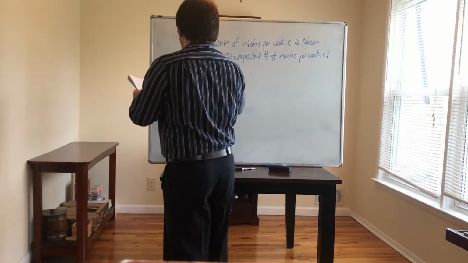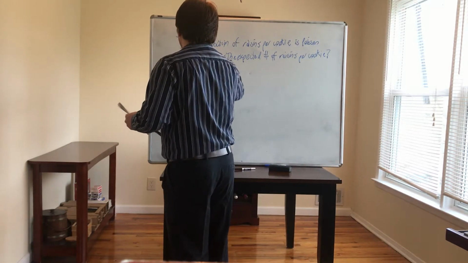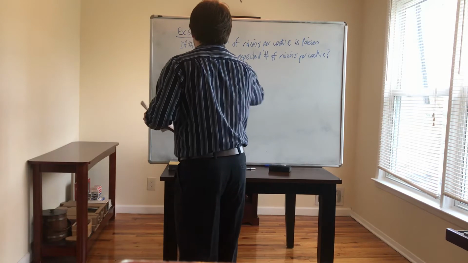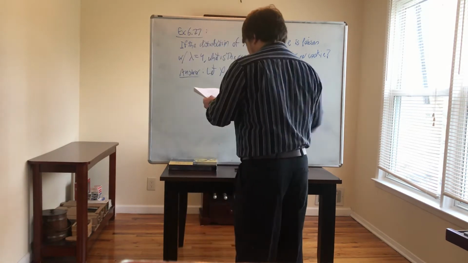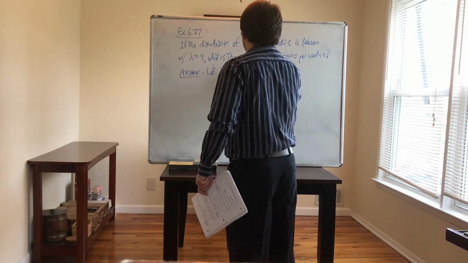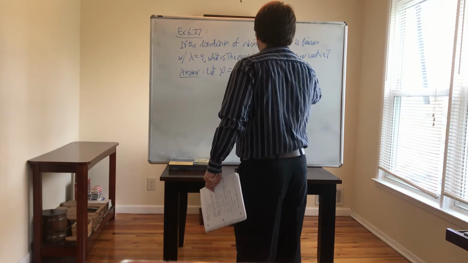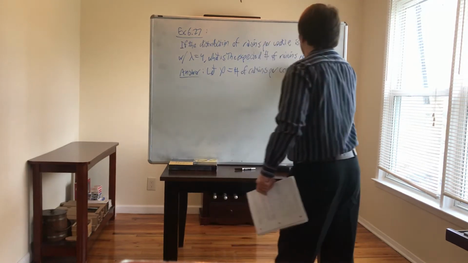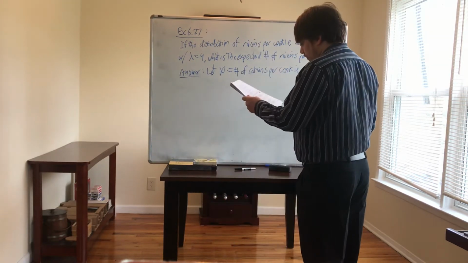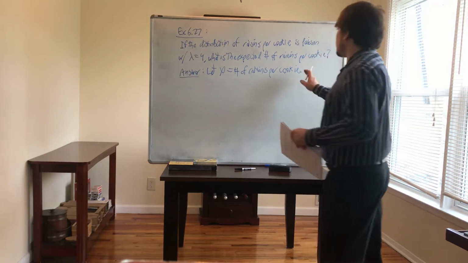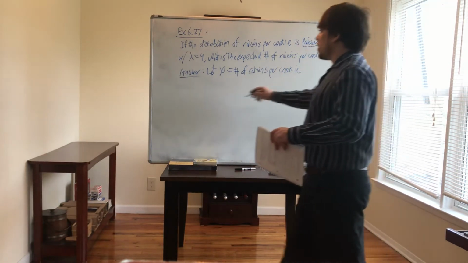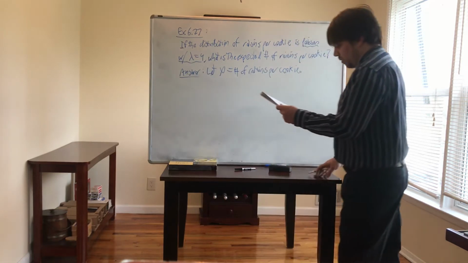And so here we're going to let X equal the number of raisins per cookie. And it's the same Poisson. It's a Poisson random variable with lambda equal to 4.